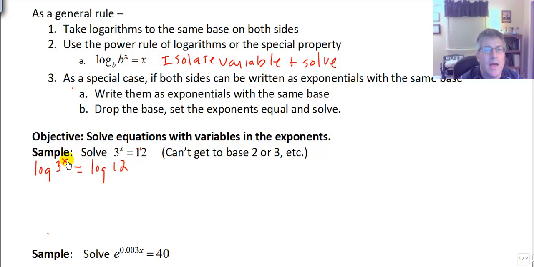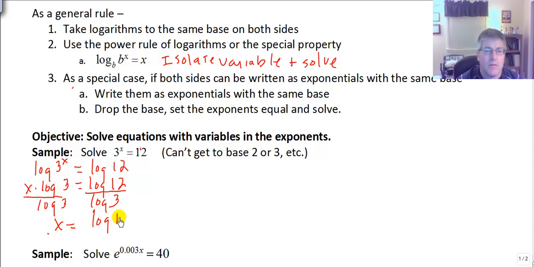Well, we can apply our properties of logarithms here, and this becomes x times log 3 equals log 12. And if we divide both sides by log 3, this is the common log base 10 of 3, we get x equals log 12, common log 12, over common log 3.